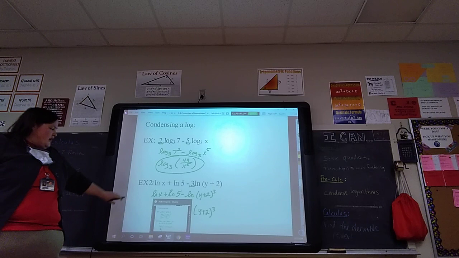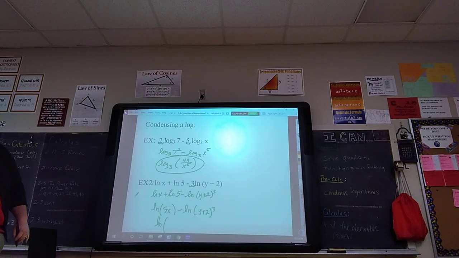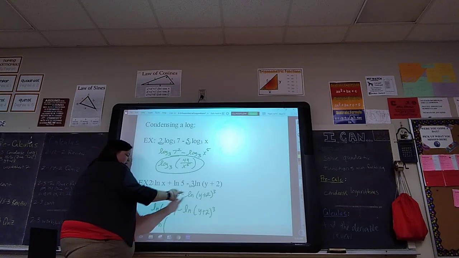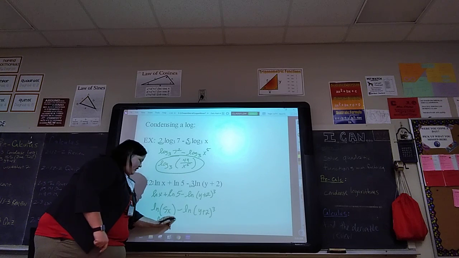Okay? And so we're going to put ln and all the stuff behind it. So I'm going to put my own parentheses so that you can see that the stuff is inside the ln. So now we're subtracting those two things. What does the subtraction translate to? Division. Yep, so it always goes in order, first divided by second. So the 5x is going to go on top.